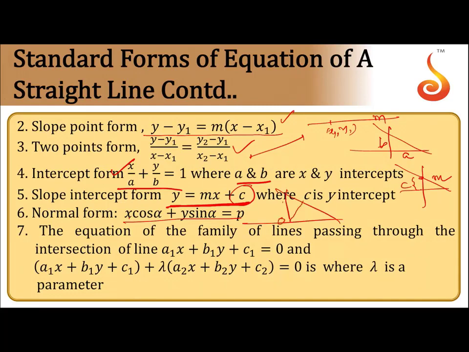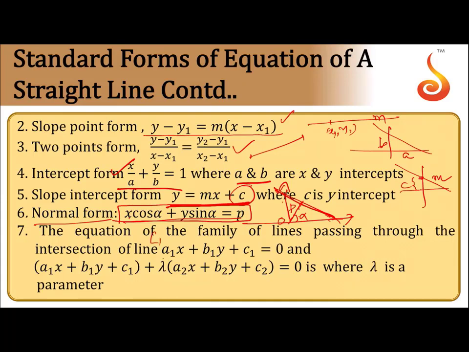Suppose I drop a perpendicular from the origin to the line, and that length is p; that is called the normal to the straight line. If the normal makes an angle alpha with the x-axis, then the equation of that line is x cos alpha plus y sin alpha is equal to p, and this is called the normal form of the line.